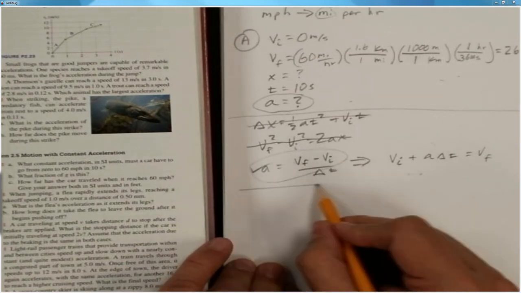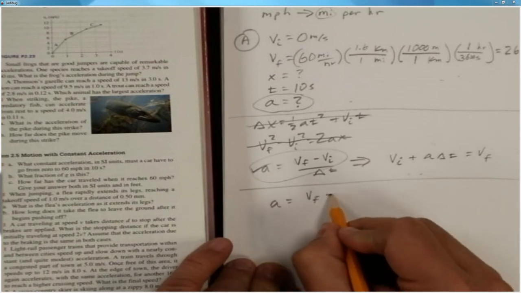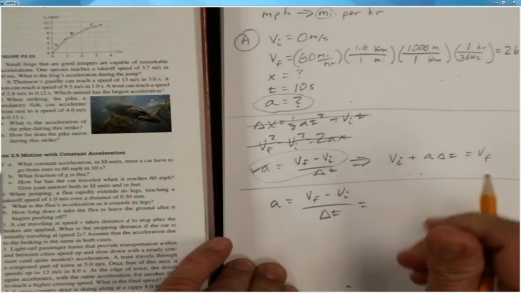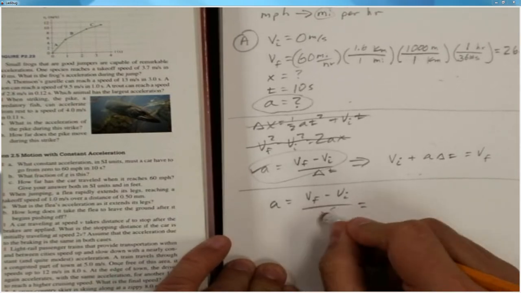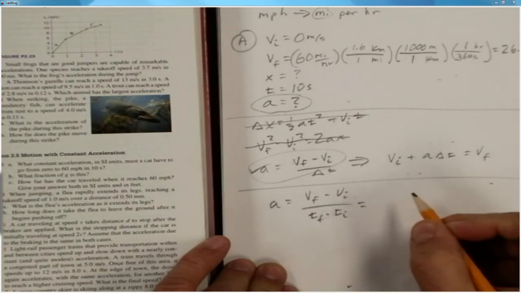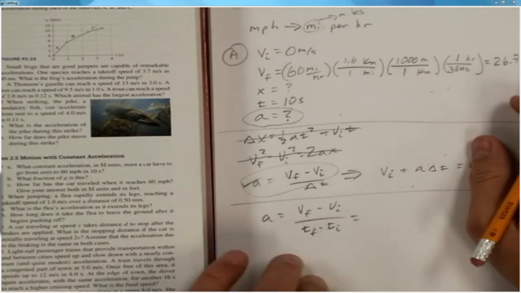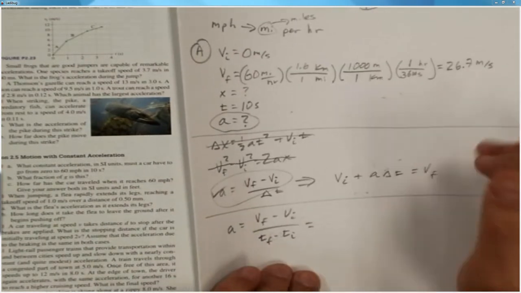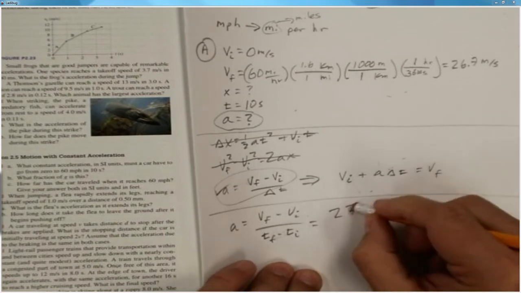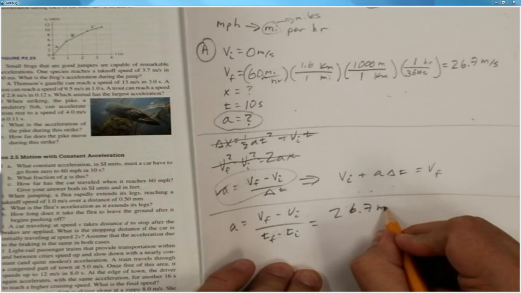So then next step, I use my friendly equation. A is equal to VF minus VI over delta T. Remember, delta just means change in, and change is final minus initial, so TF minus TI. So my final velocity from up above here is 26.7 meters per second.